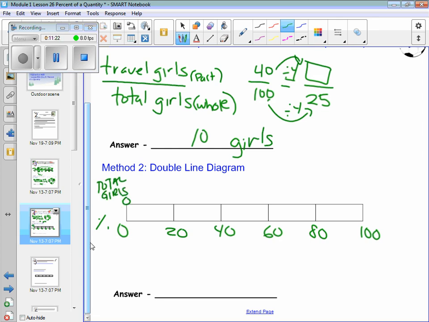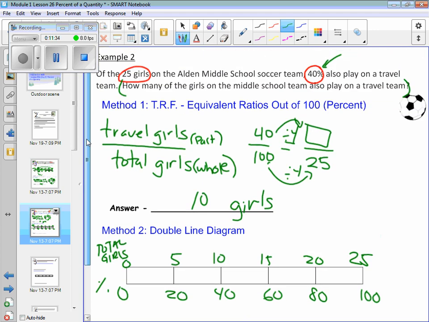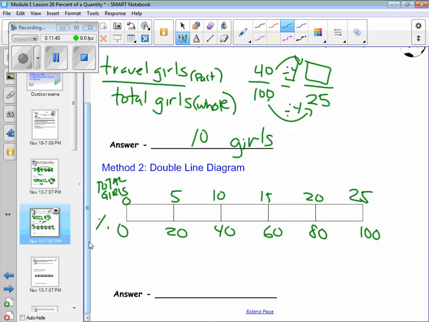Start at 0. The whole is 25. We count by 5s. And then again, making believe that you know nothing from TRF, if you go back to this, they give you the percent. You find your 40% down here, and then you can connect it to 10 girls. And that works also.